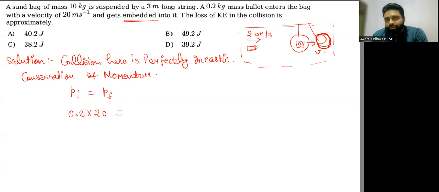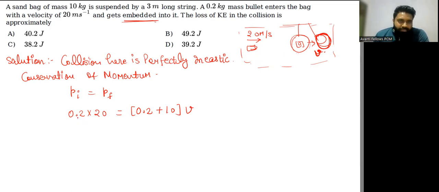Finally, when the bullet embeds into it, this sandbag will also start moving with the bullet with the same velocity. Now this system has the same common velocity v. So we can say that finally the 0.2 kg mass of the bullet plus the 10 kg mass of the sandbag is moving together with the speed v, and that is the common speed.